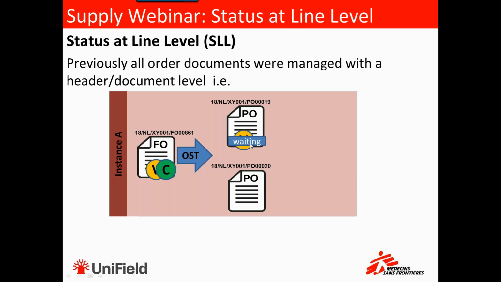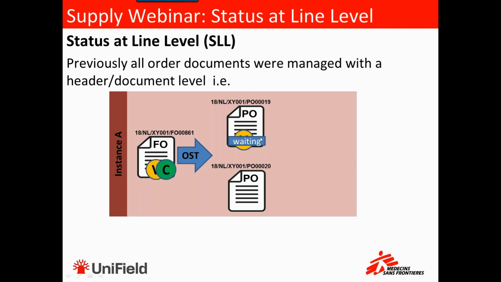So no incoming shipments were generated because UniField wanted you to go and fully confirm all the POs that were linked to your 1 FO. So now we've looked at partial sourcing was not possible, and also partial confirmation of a purchase order was not possible.